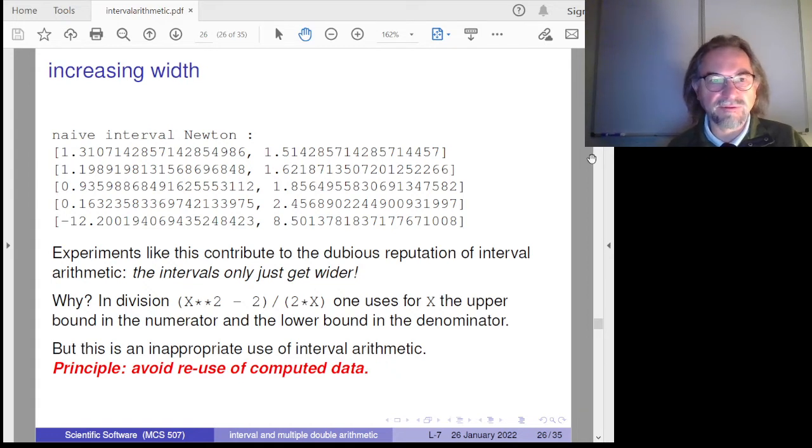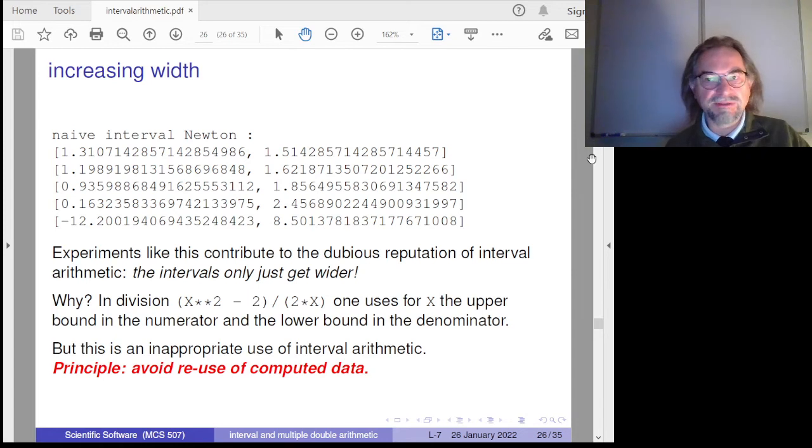So this is a demotivating example of interval arithmetic. But why is this happening? Well, the problem is that we had one single variable, but we replaced this with different numbers. So the bounds in the interval are actually tied to each other. That is the way in which things get wider and wider.